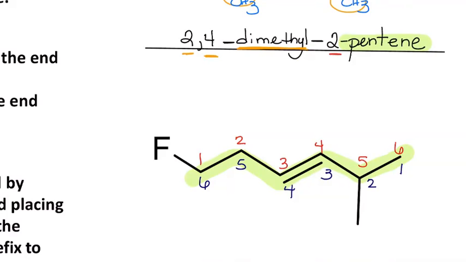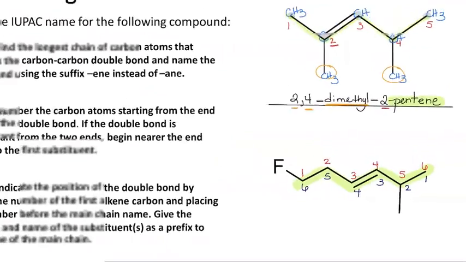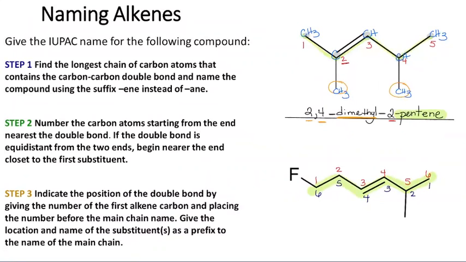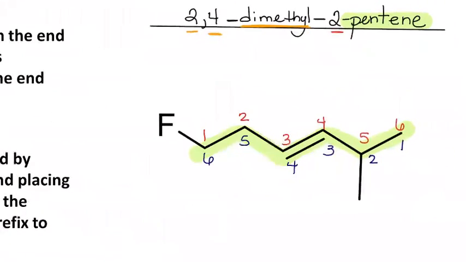Now, as you can see in rule number 2, the correct numbering is the one that is going to begin nearest the ends to the closest first substituent. So what's going to be my correct numbering, the blue one or the red one? Excellent.